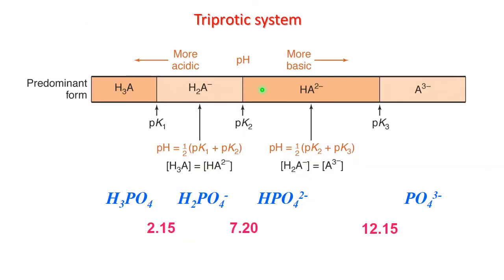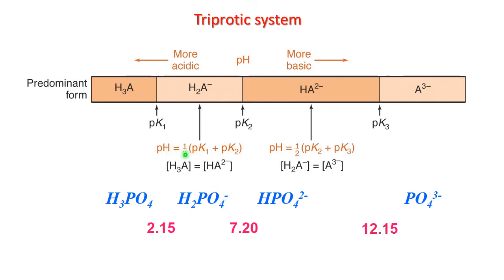A more general case of a triprotic system, say phosphoric acid, is given on this diagram. So below pK1 you have H3A, in the case of phosphoric acid, H3PO4. At 2.15 you have equal concentrations of H3A and H2A minus. In our example, H3PO4 and H2PO4 minus.